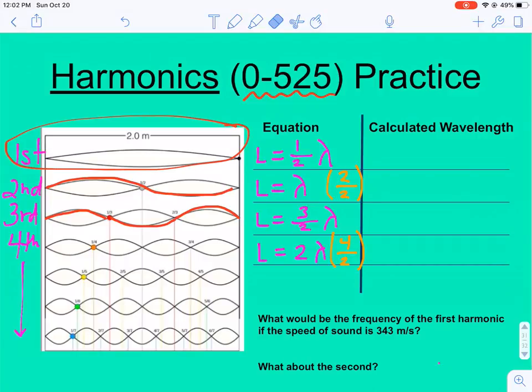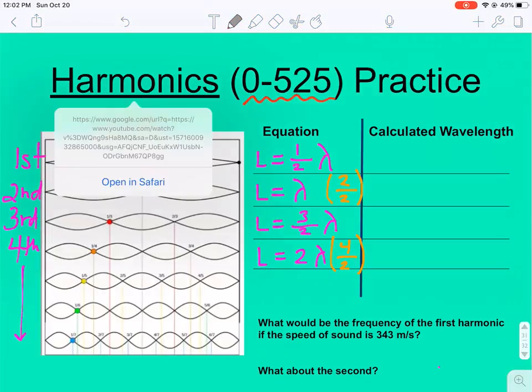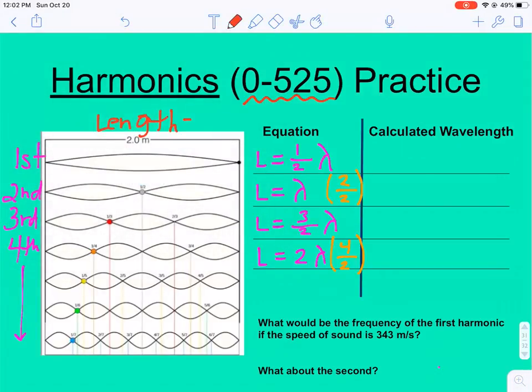Now remember, when we're referring to L, that is just the length of the string or tube or flute or whatever it may be, which in the example in the video is 2. If we say that length is 2 and then use these equations to calculate the wavelength, we should start to see a pattern.